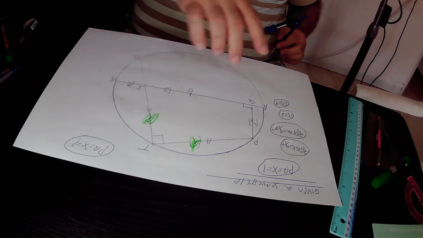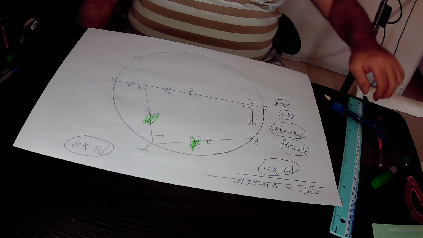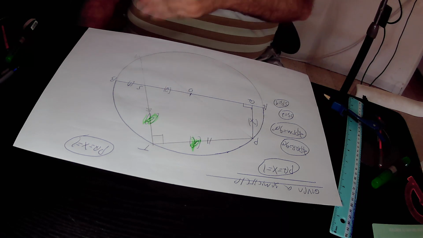So we completed the semicircle to a circle, and we will extend line segment TS by a straight line until it touches the circle.